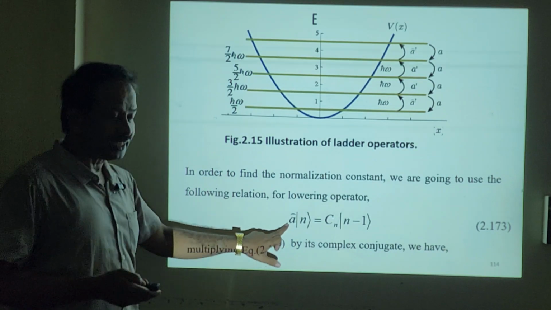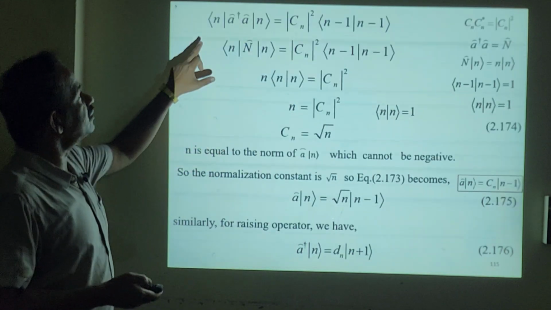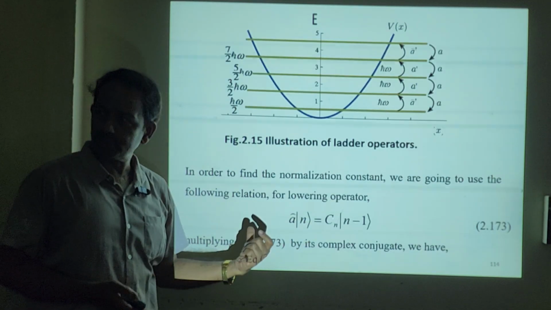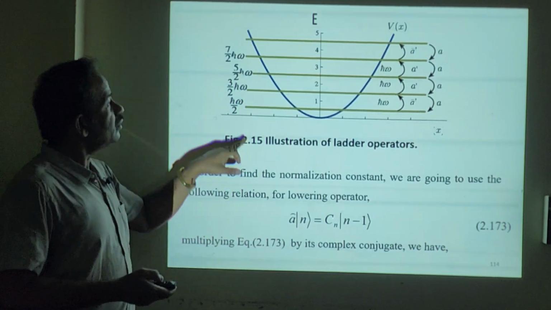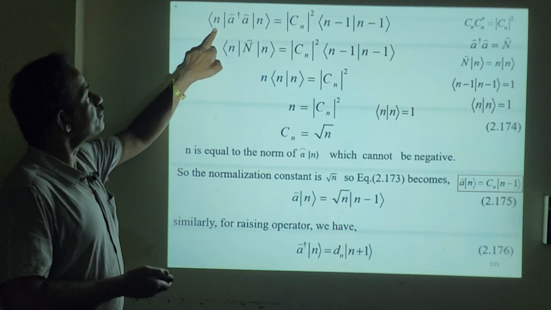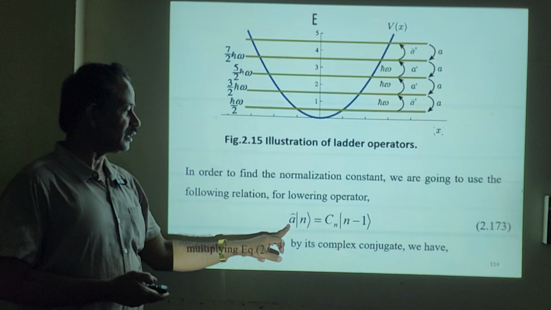Okay. Now we are going to take the bra n on both sides. Just take the bra n on both sides. This is ket n. So taking the bra on both sides will give you bra n. What is the dagger for this one?